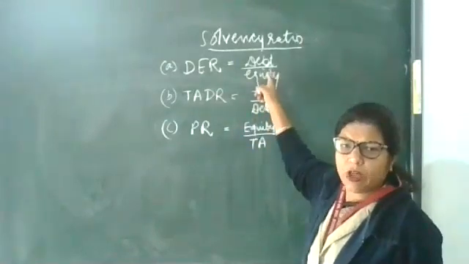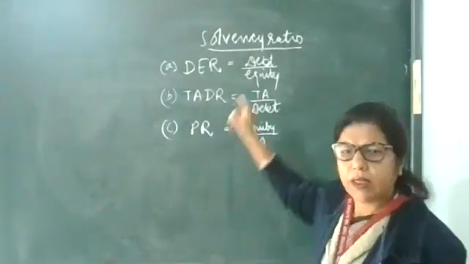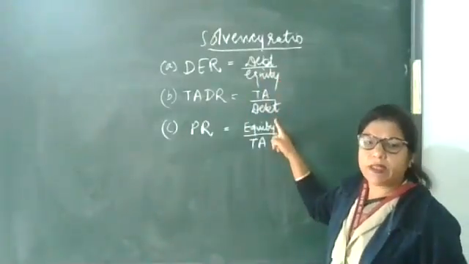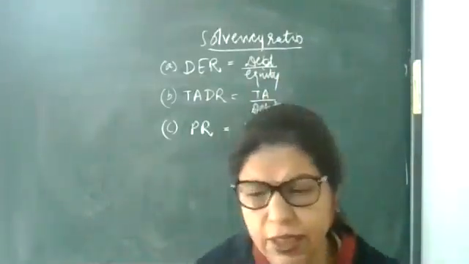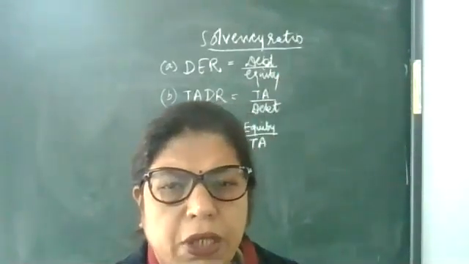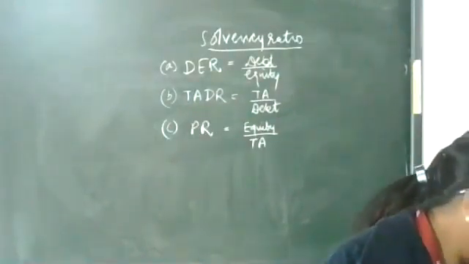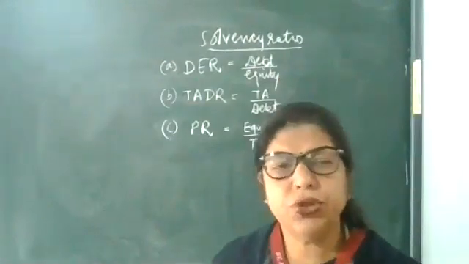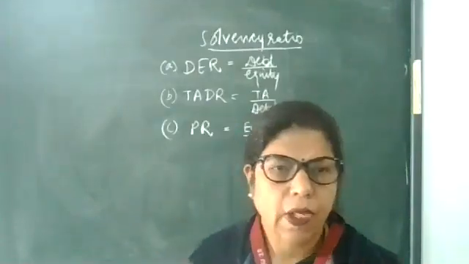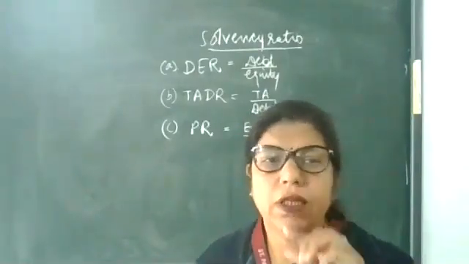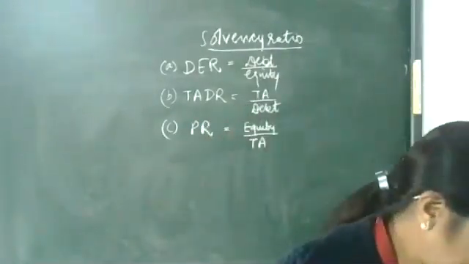This formula is the combination of these two. See how debt, debit and credit cancel, and we get equity upon total asset. So we can say proprietary ratio is the combination of these two. It shows the relationship between equity and total asset, the ratio of equity as part of total asset. So that is proprietary ratio.